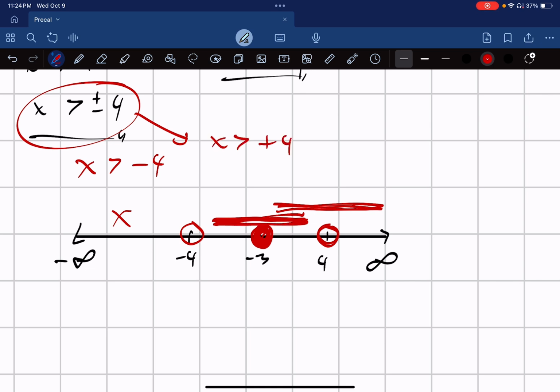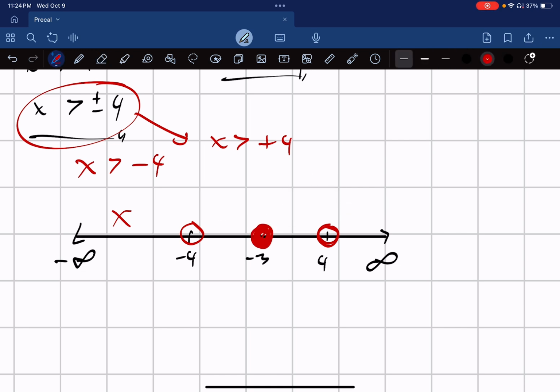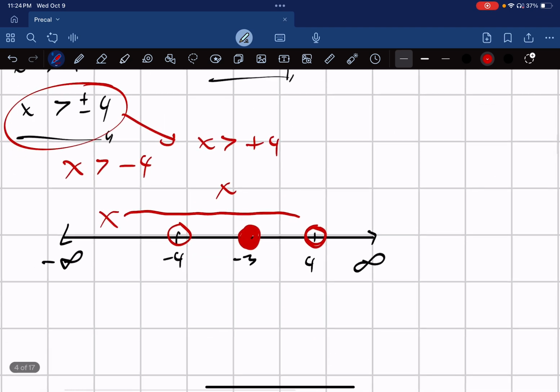The values less than 4, including the 3, even though 3 is shaded, are not part of the solution, automatically. So the solution is only the values greater than 4 and beyond. Why? Let's check.